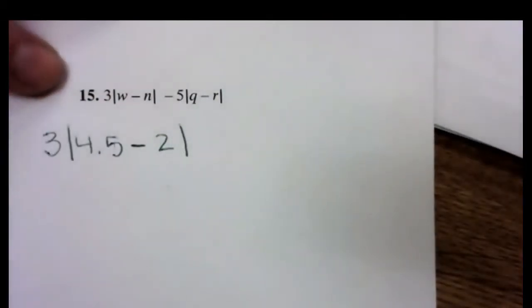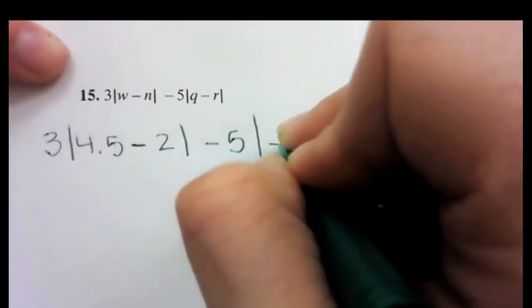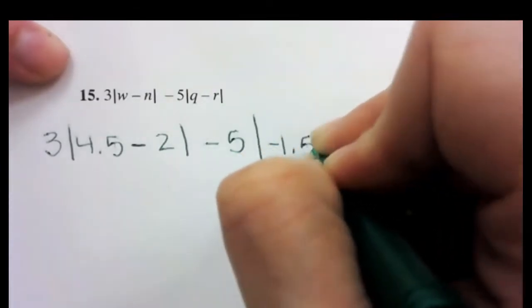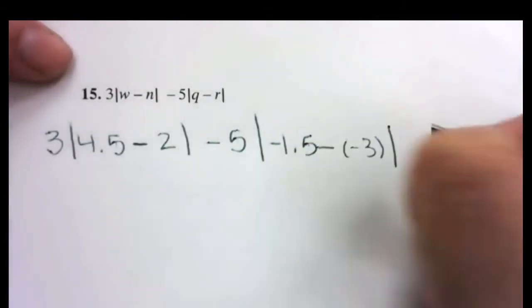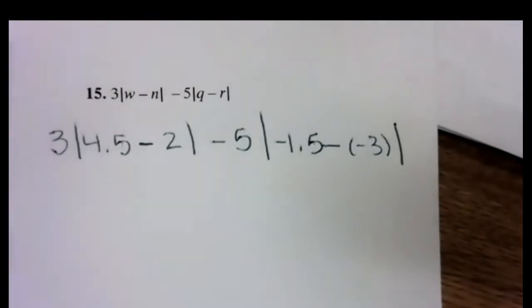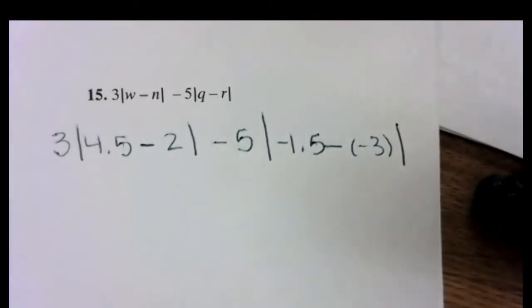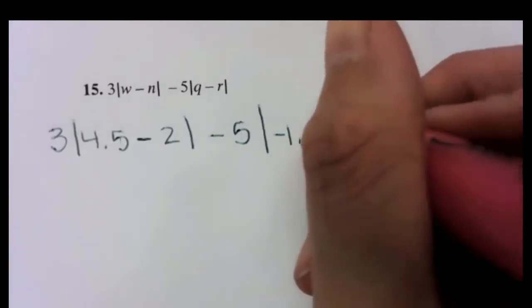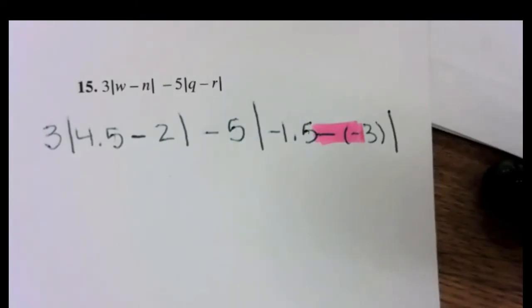Close your absolute value, minus 5, absolute value, Q, which is -1.5, minus R, which is -3. Close your absolute value. So, yes, there is a lot going on in this problem. The first thing I notice is a minus. So what do you notice? What do you know about a minus, Abby?